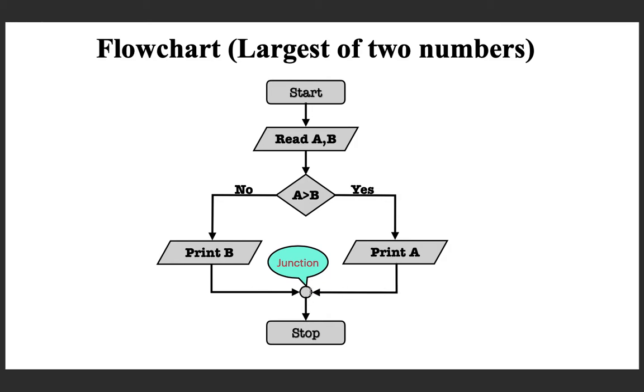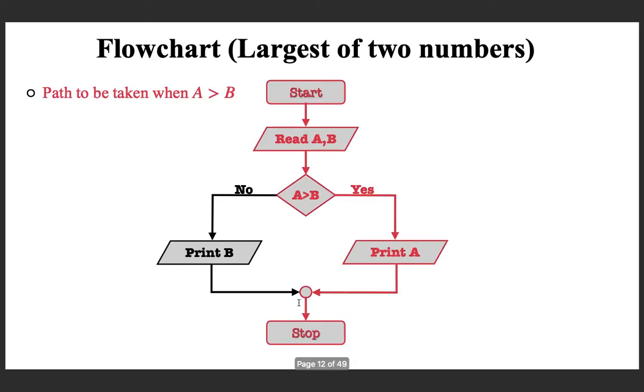You can use a junction box. There are no other operations performed other than conjoining two lines. So these are the various box symbols that we will be using in our algorithms. And one more important box is there that we will consider when we discuss an example which needs to use it.